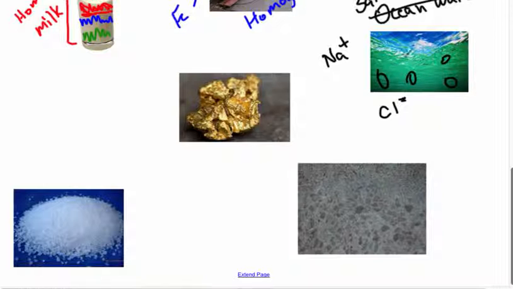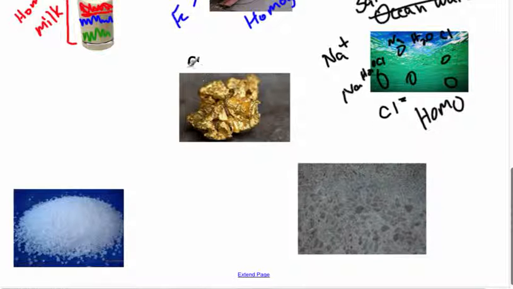But if you pick any part out here, you're going to have equal amounts of sodium to water to chloride, the same ratio as this sample. So it's the same throughout. They're evenly dispersed, so it's homogeneous.